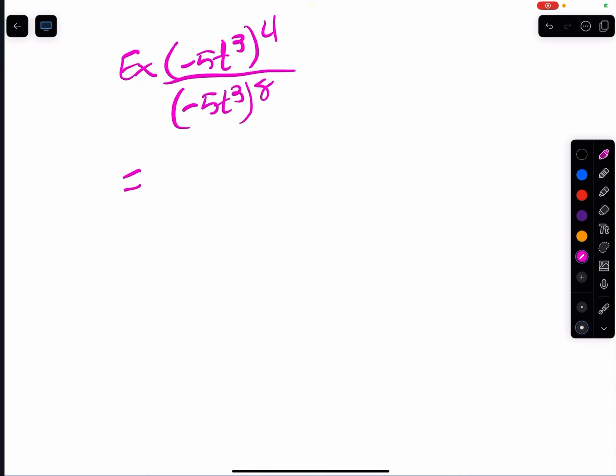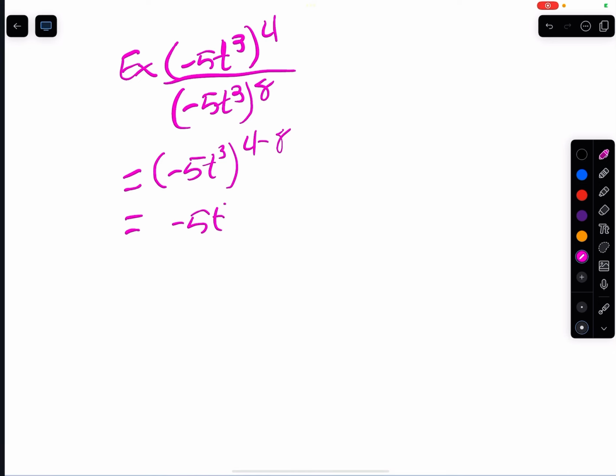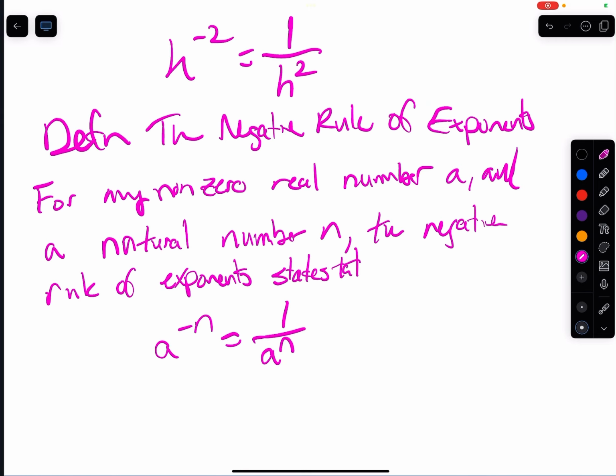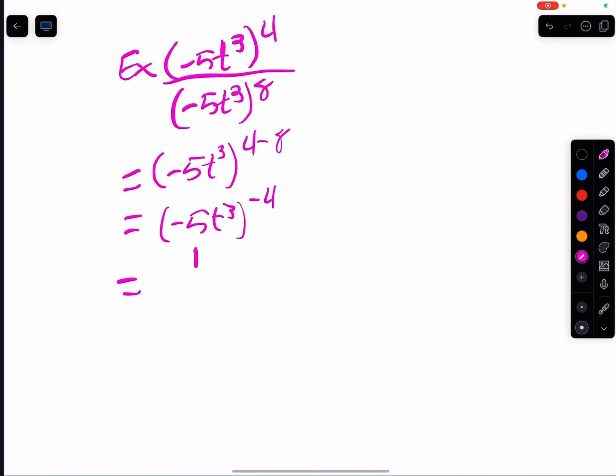Well, we can simplify that to negative 5t cubed to the 4 minus 8 power, which is negative 5t cubed to the negative 4 power. Well, let's go back for a second. The negative rule of exponents says that if we have a negative exponent with a real number base, then we can use its reciprocal. So 1 over negative 5t cubed raised to the 4th power.